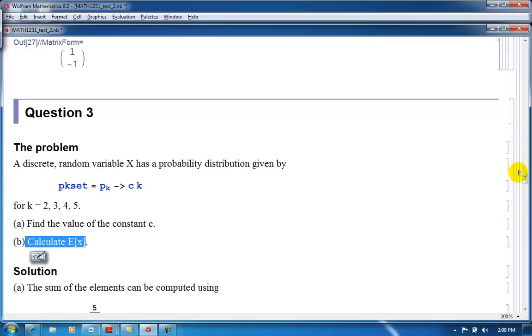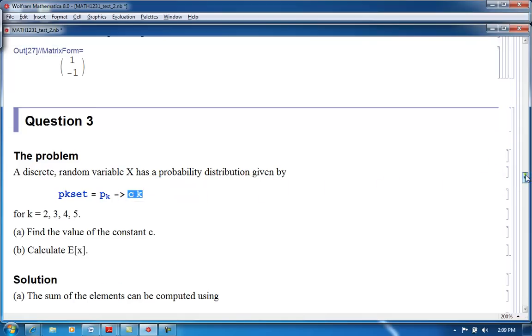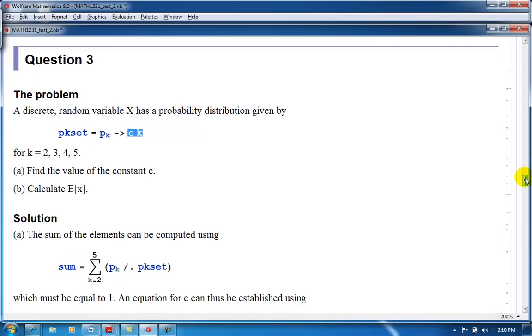Well, we can see that all these elements here, provided c is positive, will be non-negative. So that's the first condition, and the second condition is that all these guys here sum up to be 1. So we sum all the elements from k equals 2 to k equals 5 using this.